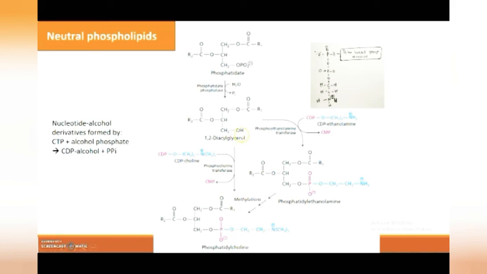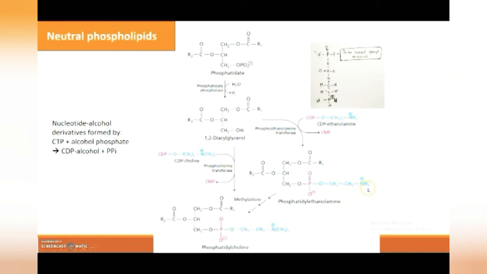Another way to form phosphatidylcholine is by reacting CDP ethanolamine with the help of phosphoethanolamine transferase, which will release CMP also. The same steps are done and will produce phosphatidylethanolamine.